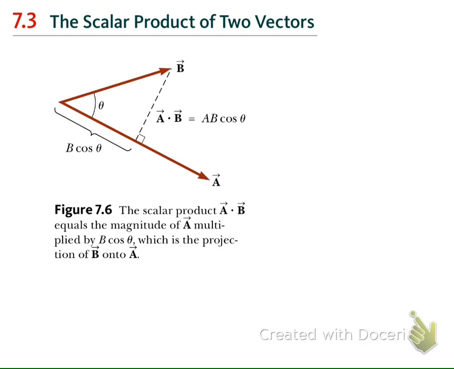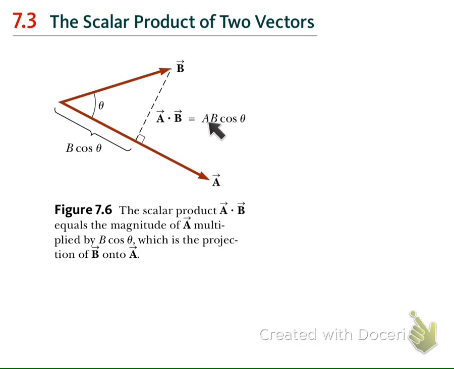By definition, if we have vectors A and B, we define the scalar product of A and B with the symbol A dot B, and sometimes we call the scalar product a dot product. So the dot product of A and B is defined as AB cos theta.